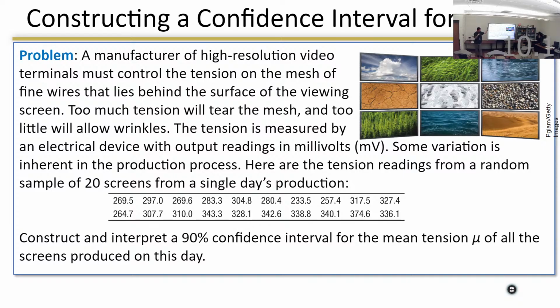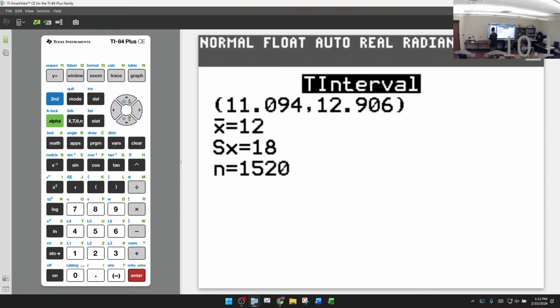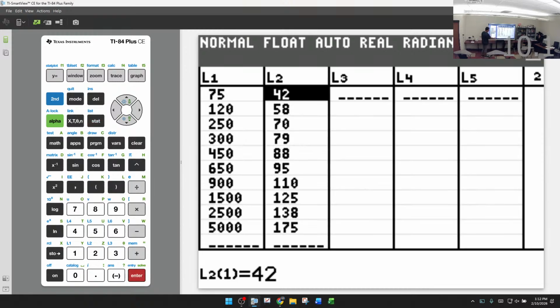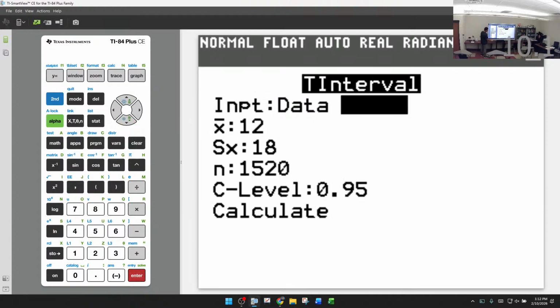Then once you've put it into L1, go to stat, tests, and do a T interval. You don't have stats anymore, you have the data.